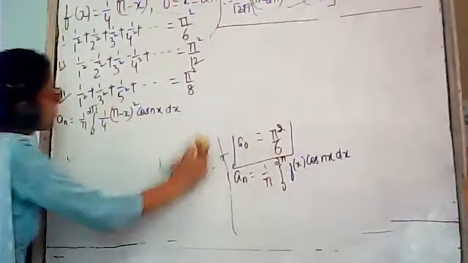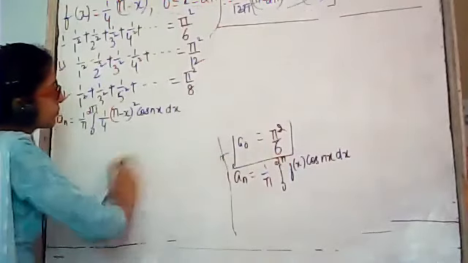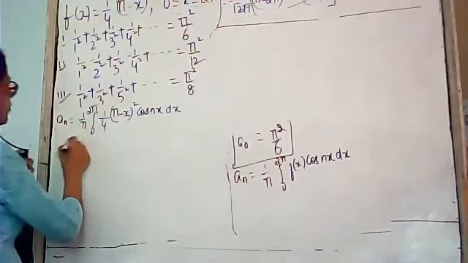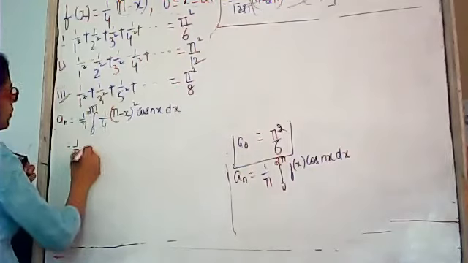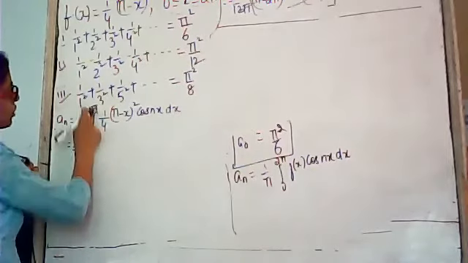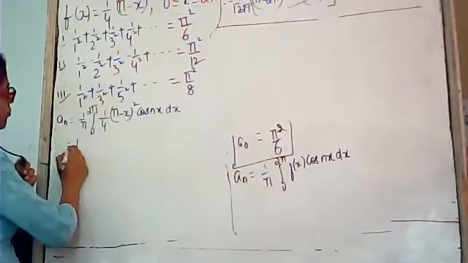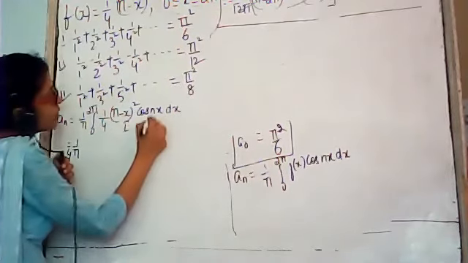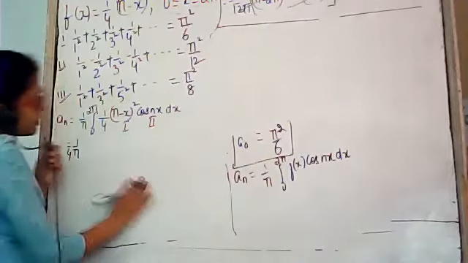So, beta, here we have 1 by pi, integral from 0 to 2 pi, and 1 by 4 is a constant, it will become outside. This is the first function and this is the second function.